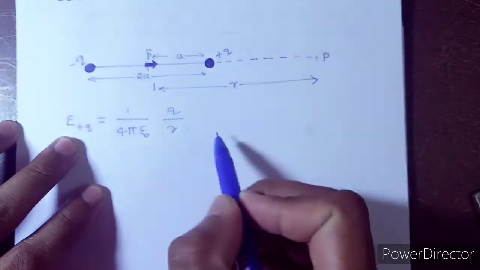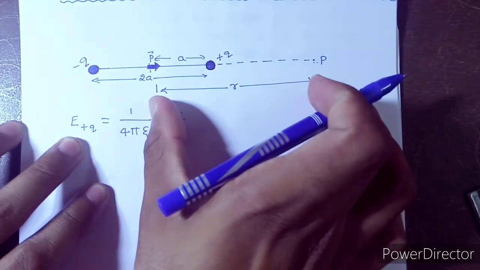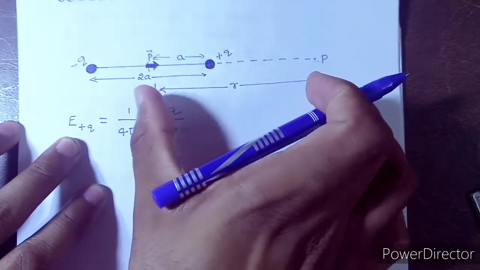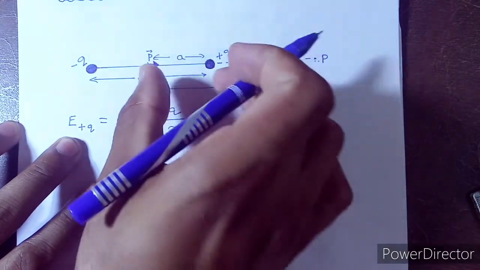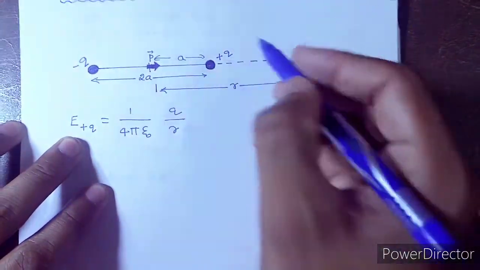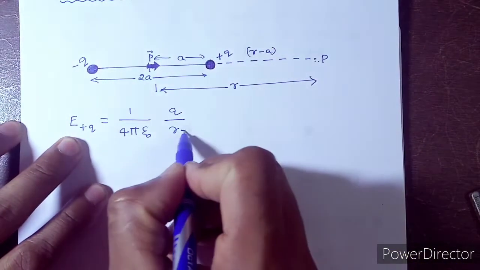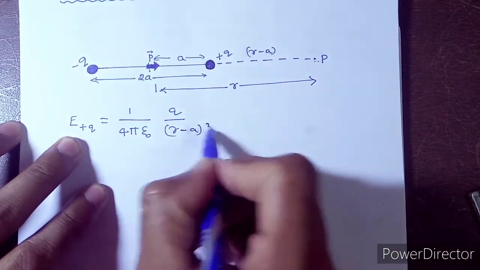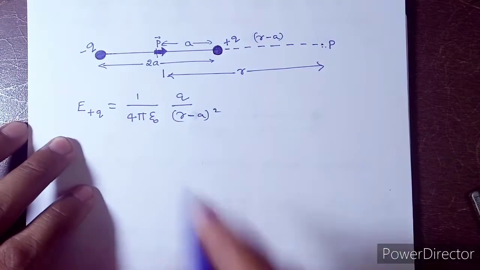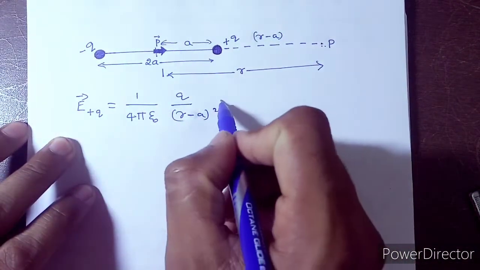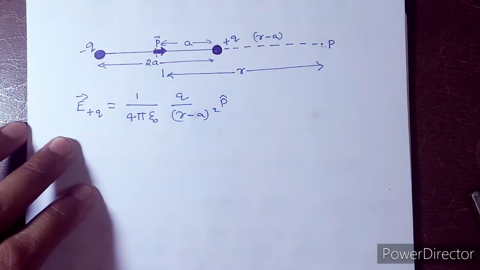Okay, so this complete distance is R. We don't want this much, we want this much. Means this one R minus A will give you this much. So here we will get R minus A whole square. And if I write this one in vector form, I will write P cap here.